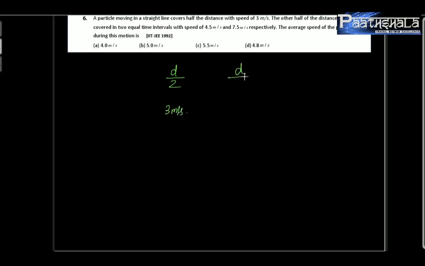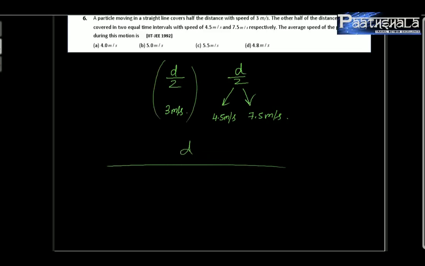Then again this d by 2 distance is split into two parts, one covered with speed 4.5 meters per second and one with 7.5 meters per second. So total distance covered is d. Time taken is equal to distance upon velocity, right? So d by 2 divided by 3 is the time taken for the first part. Now plus the time taken over here is what?